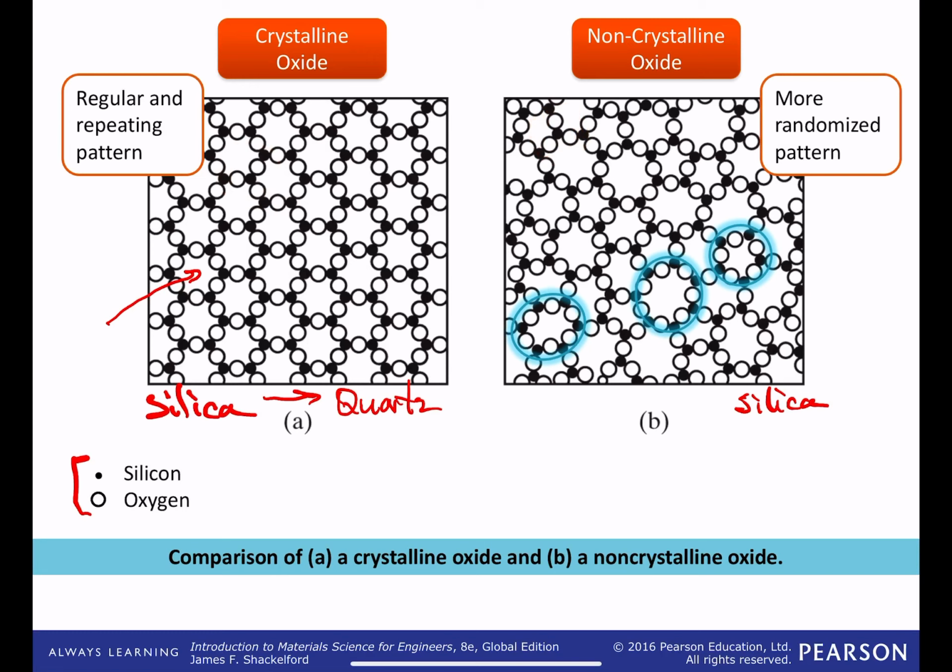Non-crystalline oxides are also synonymous with amorphous, rather than the crystalline format. And again, depending on processing and the mode of making the material, the synthesis, if you will, we can access either crystalline or amorphous oxides. In this case, silicon in its crystal format, or in its amorphous format.